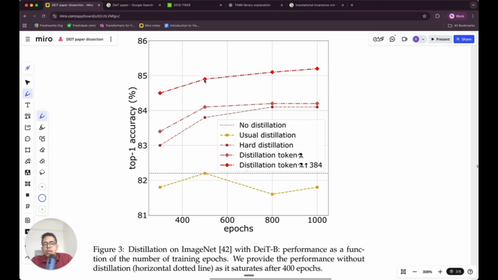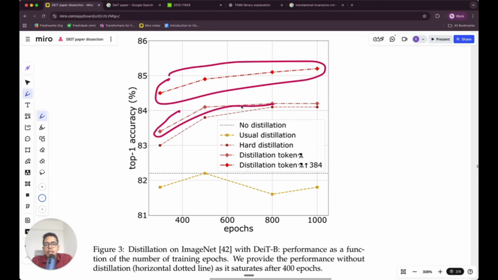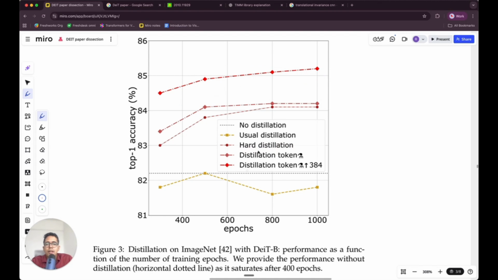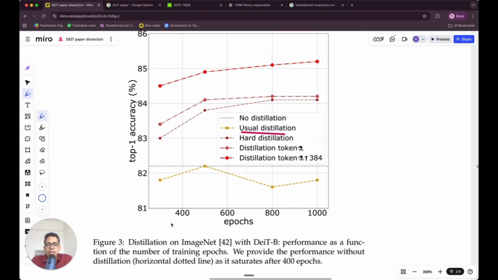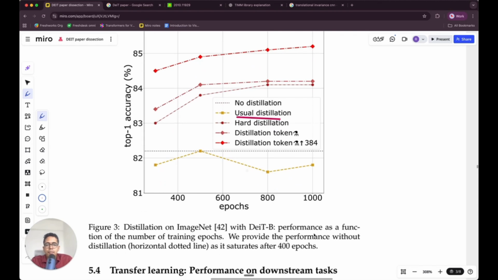On the other hand, if you are using distillation token with fine tuning, or without fine tuning, here this one is without fine tuning, here the accuracy is showing slight improvement, whether it's a hard distillation or whether it's with distillation token, right? So that is what you see here. Whereas if you are not having the distillation token, your performance is not at all improving just by increasing the number of epochs.